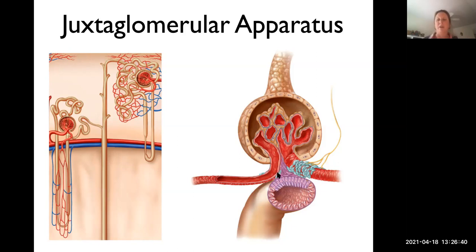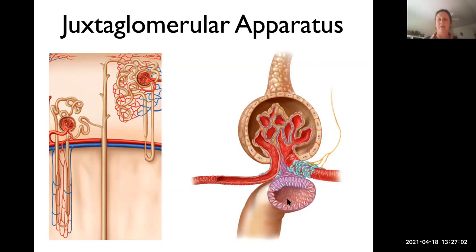And that will increase the hydrostatic pressure and increase the filtration. So we have the autoregulation, which is just a protective mechanism against high systemic pressure. But here we have a mechanism that allows for fine-tuning the glomerular filtration rate according to the fluid that's passing through.